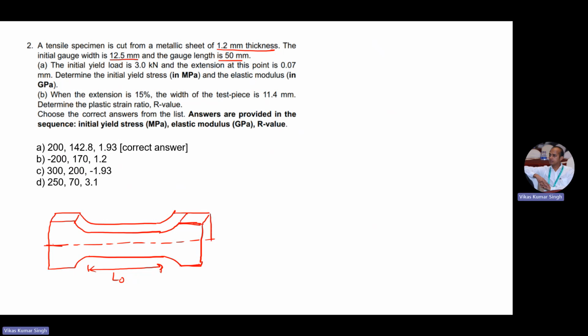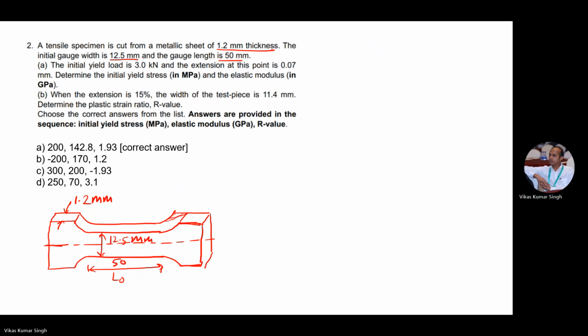Here we have thickness. This is going inside the plate, and that is 1.2 mm. And we have a width of 12.5 mm. This is the width, and the length is 50 mm.